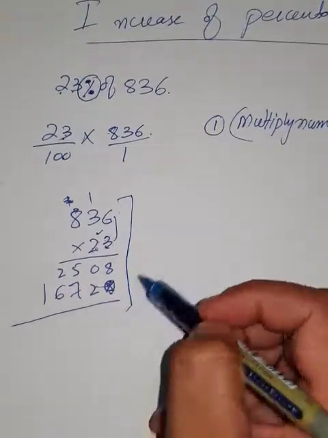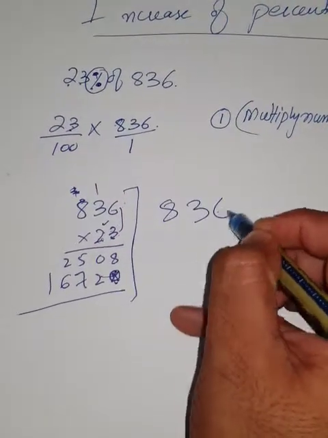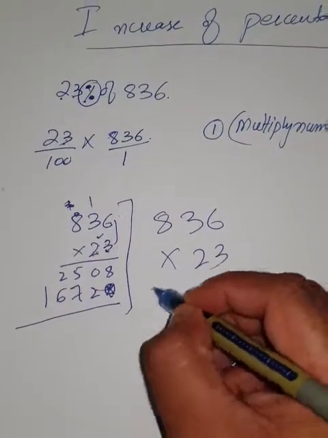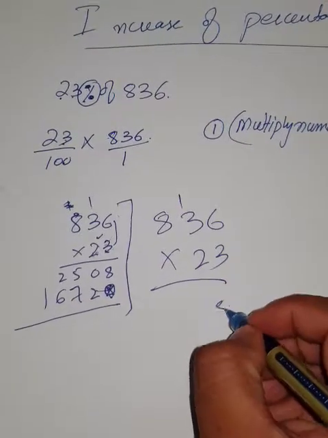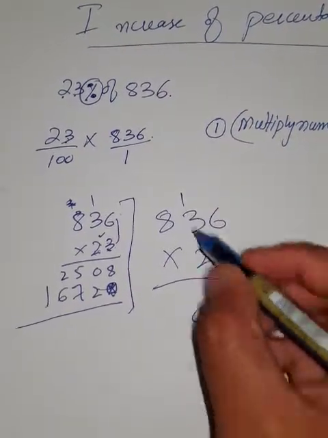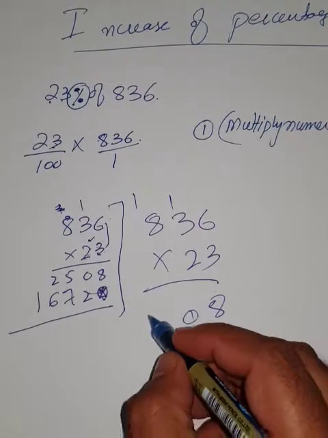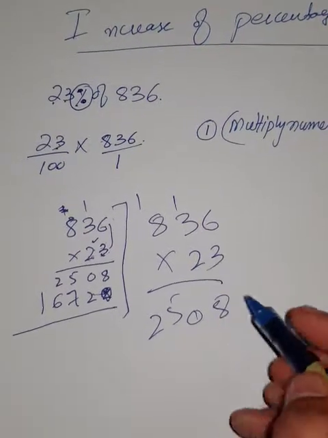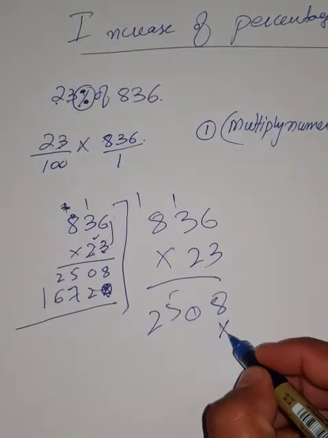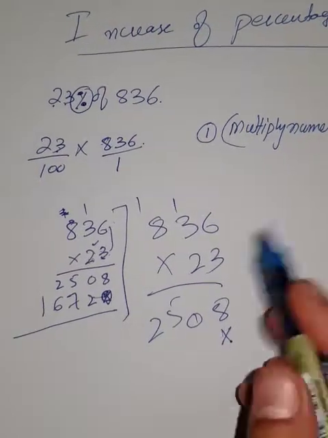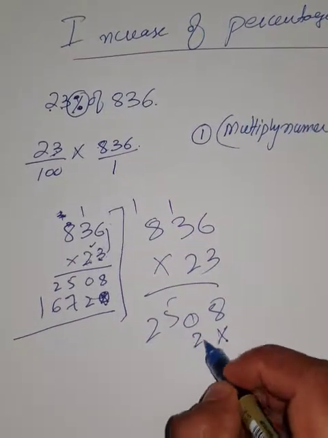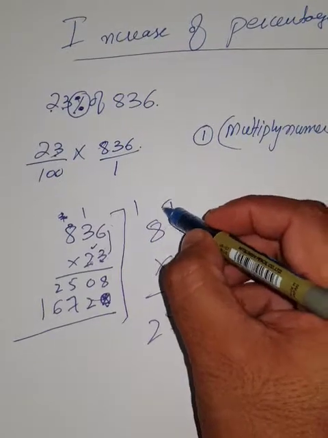Let me check this calculation again. 836 times 23. Now, 3 times 6 makes 18. 3 times 3, 9 and 1 is 10 here. 1 and 1. 8 times 3, 24, 25. 2508. Now, I'm going for the second digit. I have to put x there, otherwise my answer will be absolutely wrong. 2 times 6, 12. 2 here and 1 is already here. So, I'll leave this 1 here.